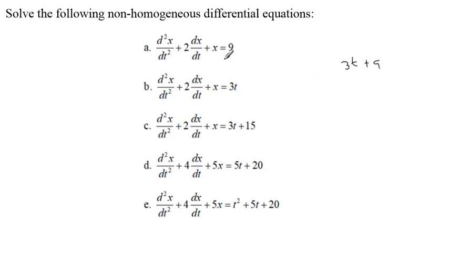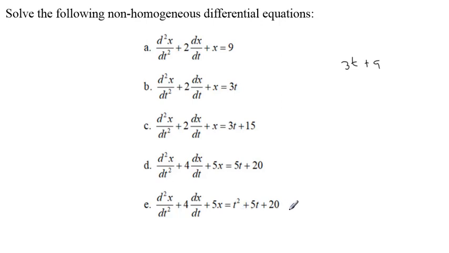I would like you to solve these two and compare the solutions and see if we can conclude something from the previous example we've seen. And after that, do the two examples. And then the last example here, I'm challenging you to see if you can figure out what to do when the input is no longer a linear function but a quadratic function.